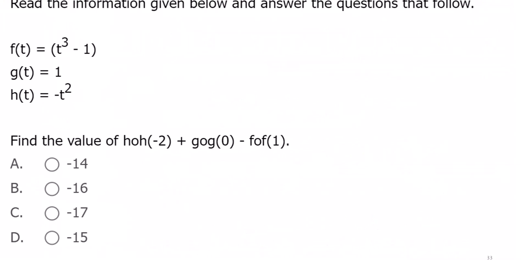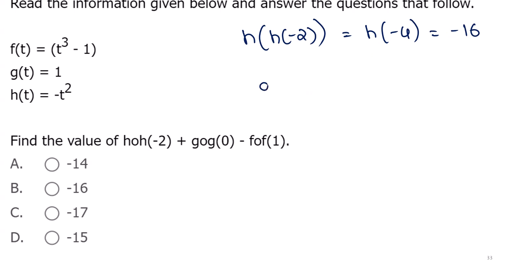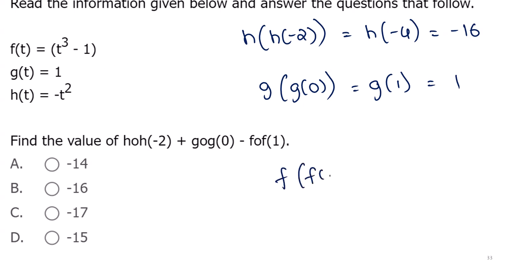And this is again functions related stuff. h of minus 2. So we should apply minus 2 for h function. So it will be minus 4 actually. Again, if I apply minus 4, it is minus 16. So g of 0. Whatever you apply in g, it will return 1 only. It's a constant function. f of 1 will be 0. f of 0 will result in minus 1.